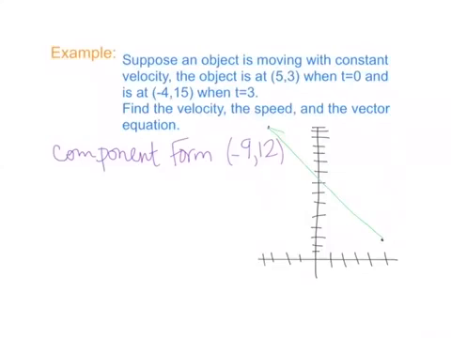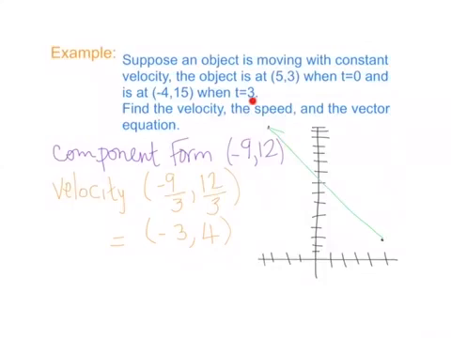So now velocity means the slope for every 1 unit of time. And since the vector kept going for 3 seconds, that means for every second, or every 1 unit of time, that was the constant velocity.